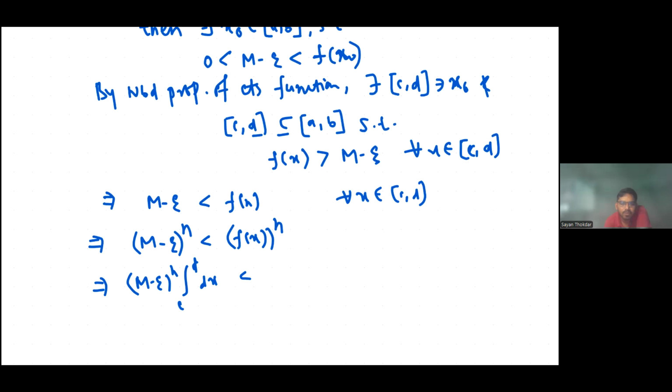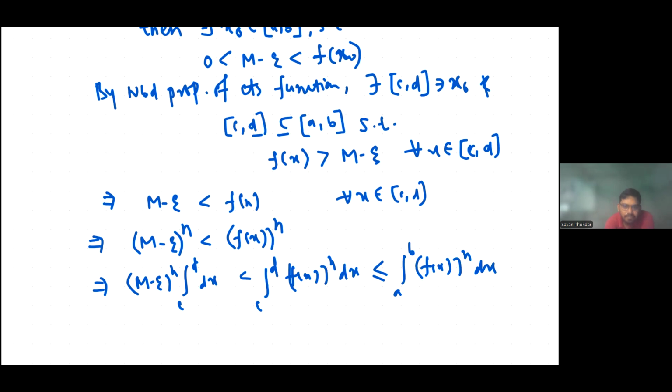Now this integral over c to d of f of x to the power n dx is less than or equal to the integral from a to b of f of x to the power n dx. This is the standard property of Riemann integration.